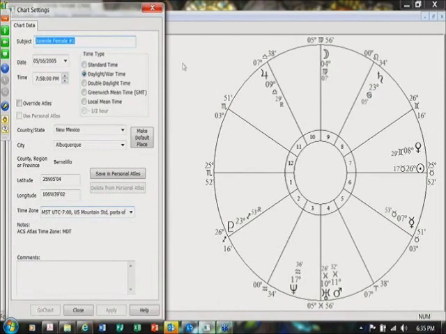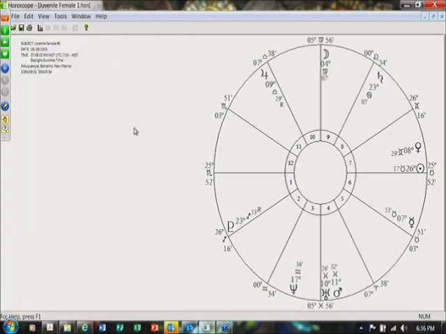This is the chart of a juvenile female born May 16, 2005, 7:58 p.m. in Albuquerque, New Mexico. Now with this chart and with the PDF files I sent out, I progressed it to today's date so that we could talk about what's going on now.